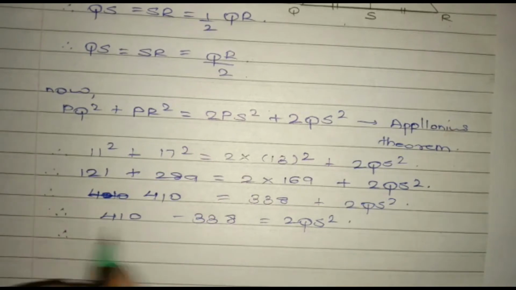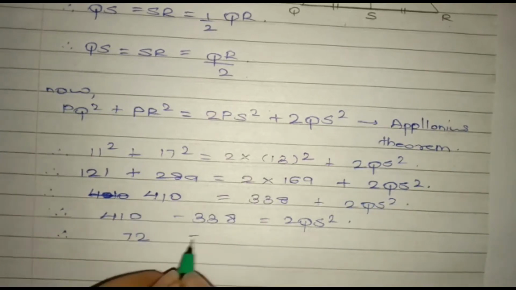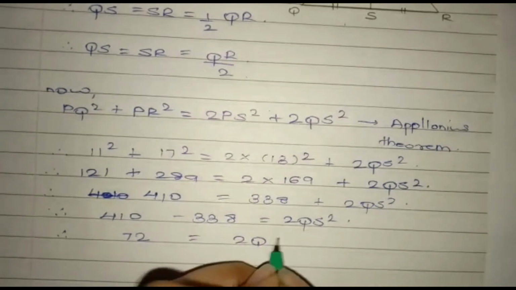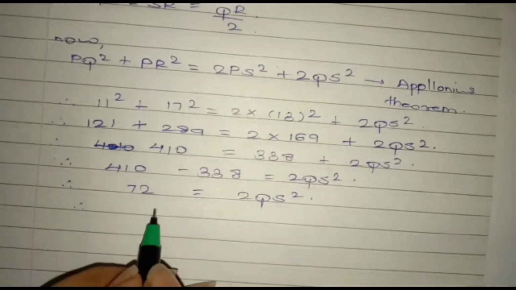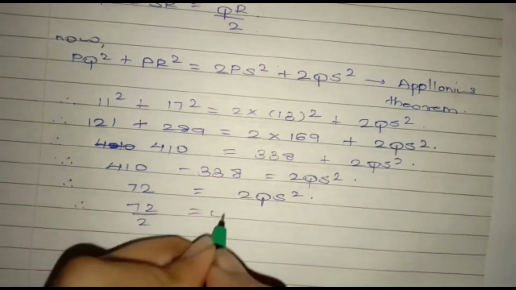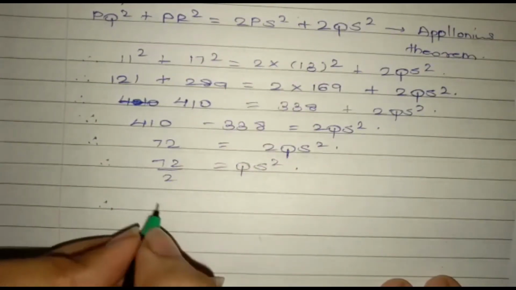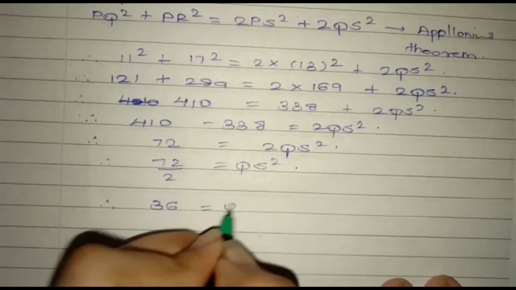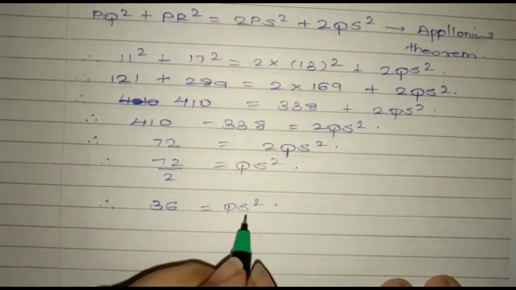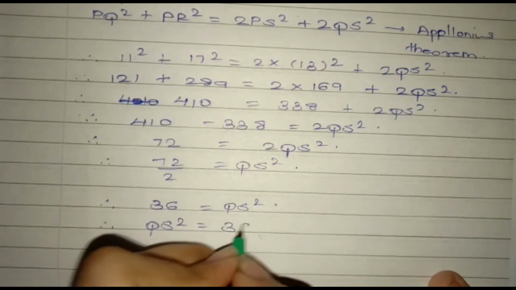So 410 minus 338 gives us 72, is equal to 2QS square. Therefore this 2 will go in the denominator, 72 upon 2 is equal to QS square. 72 divided by 2 is 36, so QS square is equal to 36.